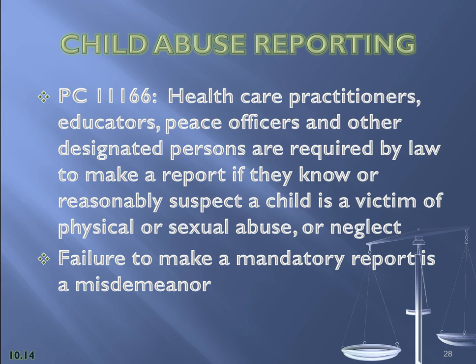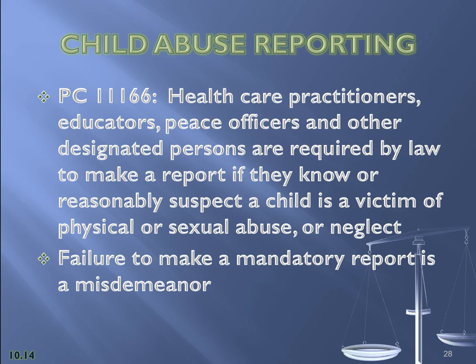Also falling into and under some types of assault would be child abuse reporting. Section 11166 tells us that healthcare practitioners, educators, police officers, and a list of other designated persons, and I'm not going to go through all of those individuals, are required by law to make a report if they know or reasonably suspect a child is a victim of physical or sexual abuse or neglect.